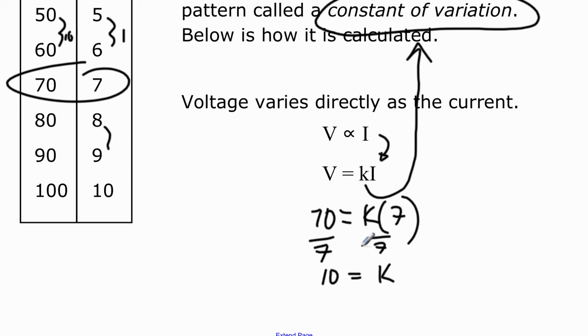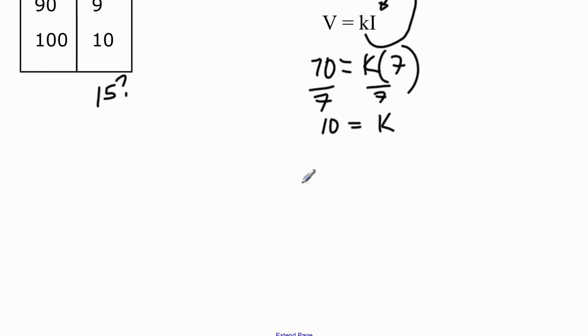So if they were to ask me another question, say they wanted to know what the voltage was when the intensity was 15, you might be able to figure that already. But I could use my formula, because my formula now is voltage is equal to a constant, which I now know is 10, multiplied by the intensity.